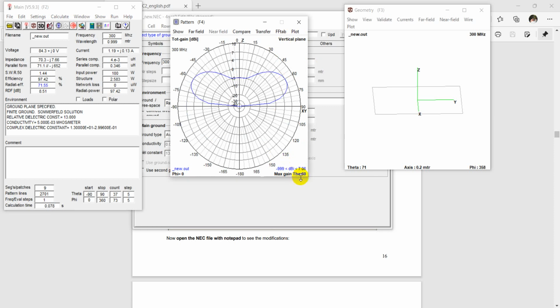You can see the maximum gain is at 60 degrees. Theta is equal to 60 degrees, and the azimuth angle phi is equal to 0 degrees. You can put the cursor at 60 degrees. You can find there is maximum gain, which is 7.08 decibel.